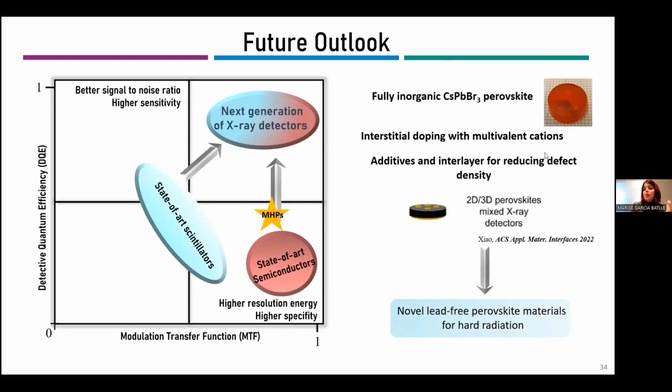in this field. We can use fully inorganic perovskite. We can also use interstitial doping by using multivalent cations. I read this paper about the use of neodymium, another multivalent cation.